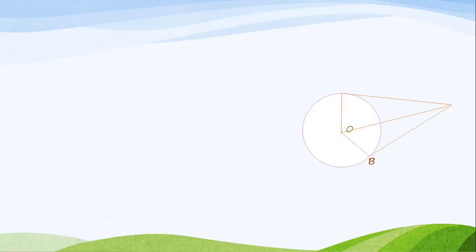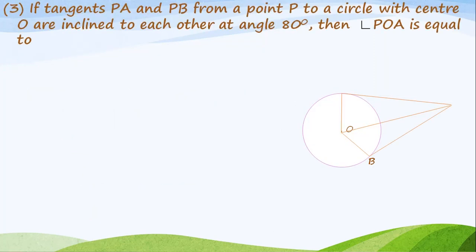We go to the next question. If tangents PA and PB from a point P to a circle with center O are inclined to each other at angle 80 degrees, then POA is equal to what?